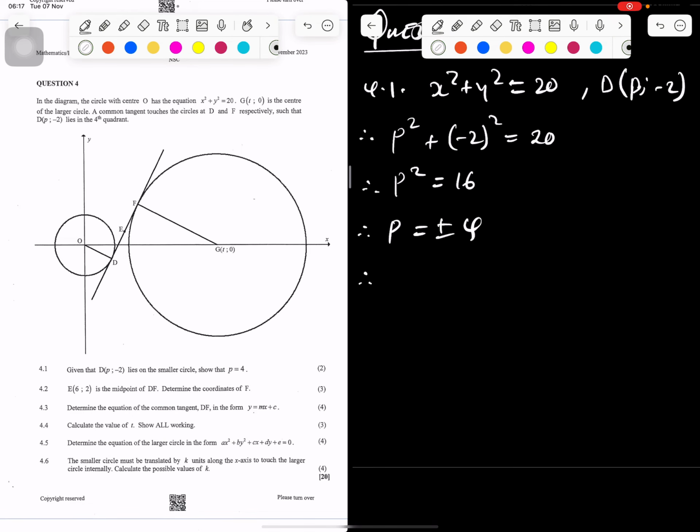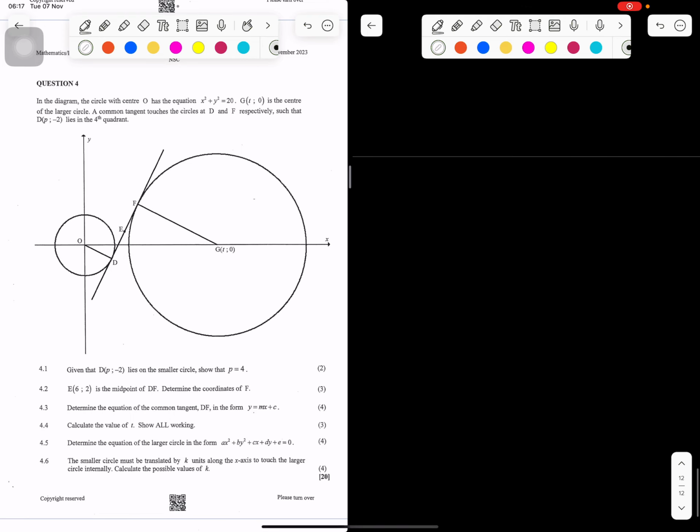Remember, it's an equation, but P now should be 4. Why? Because D is in the 4th quadrant, and x in the 4th quadrant is positive.